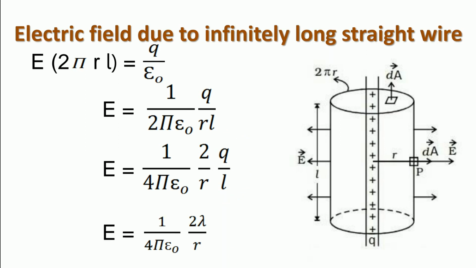E is equal to 1 upon 4 pi epsilon naught as it is, 2 upon r, as it is, and this Q upon L becomes lambda. Lambda is the linear charge density. So this is the expression for the electric field due to an infinitely long straight wire, which is an application of Gauss's theorem.